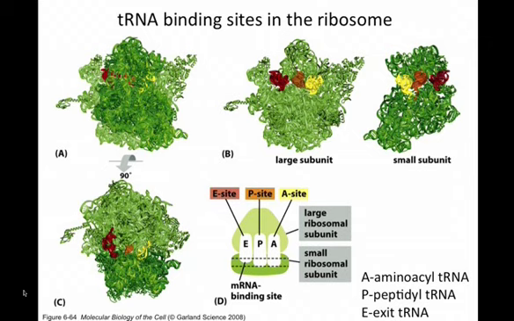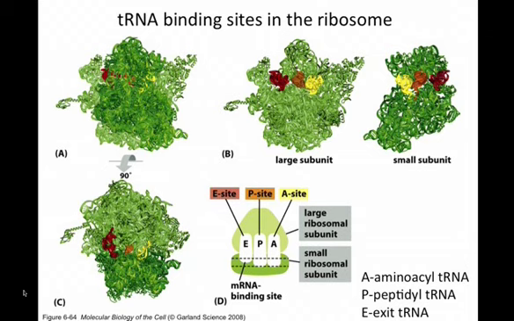Does the large subunit have all those sites on it only, or are the same sites also on the small subunit? Here's your large and here's your small, and those sites are on both, because you're actually having interaction between your tRNA and your large and small subunits.